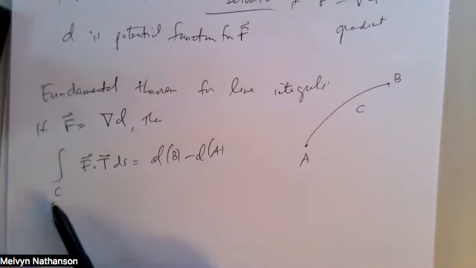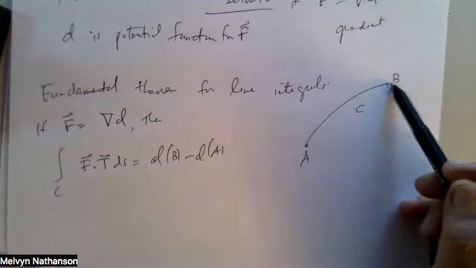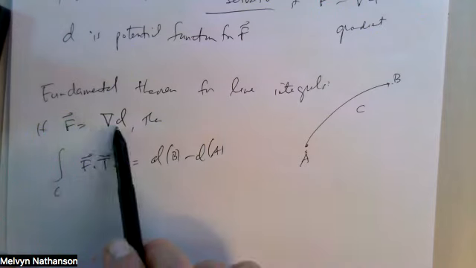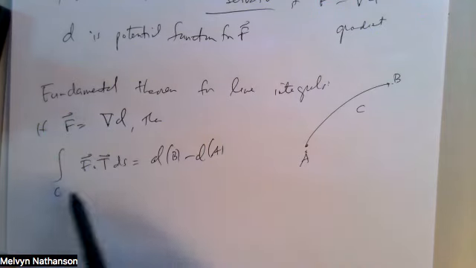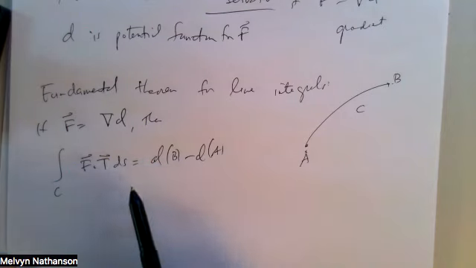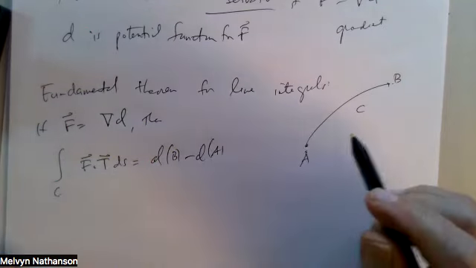So here we have a curve from A to B, but if f is a conservative vector field with the potential function phi, the integral from A to B is just the value of phi at the endpoints. And what this says is very important.